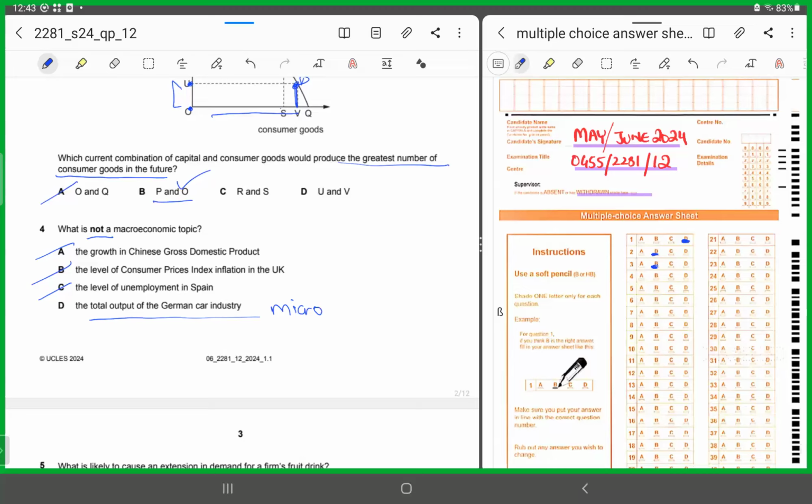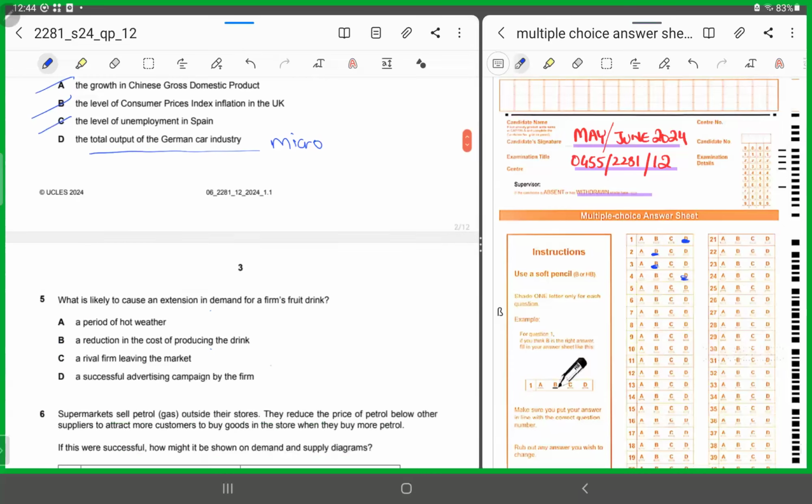Once you're talking about the aggregates of the economy, we are referring to macroeconomic topics. Once we are referring to topics which are industry-related, particular sector-related, we are referring to microeconomic topics. Hence, by elimination and by logic, I have shown you that for MCQ number 4, the correct answer is D.